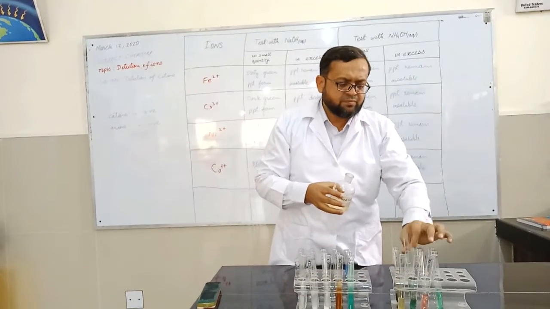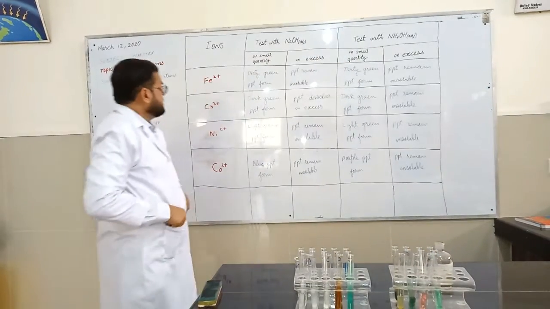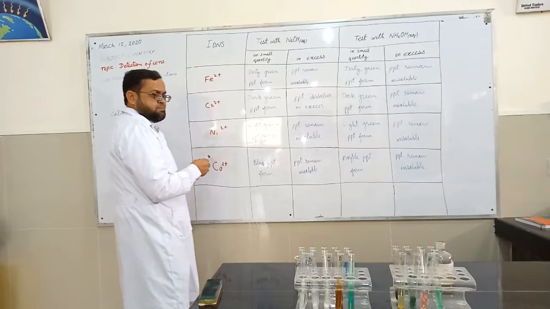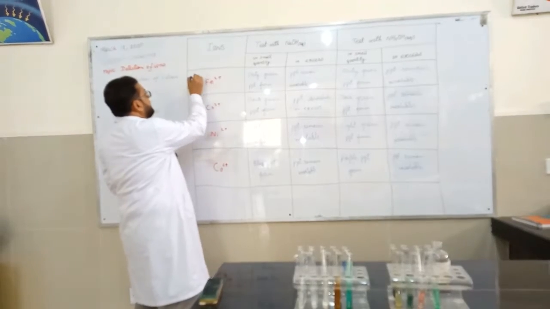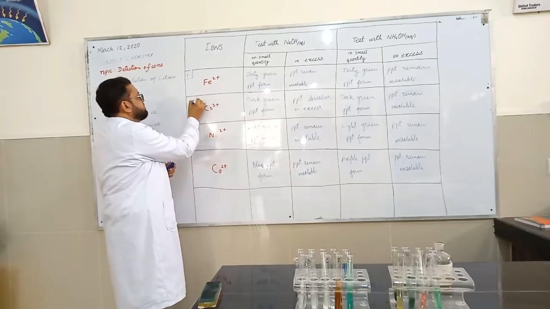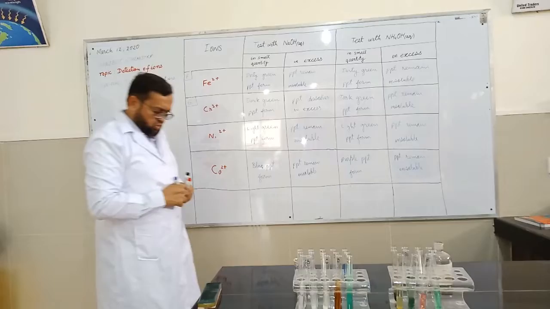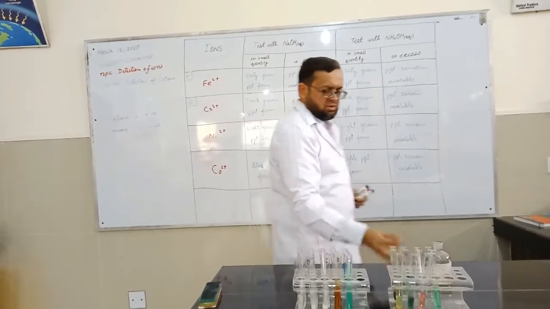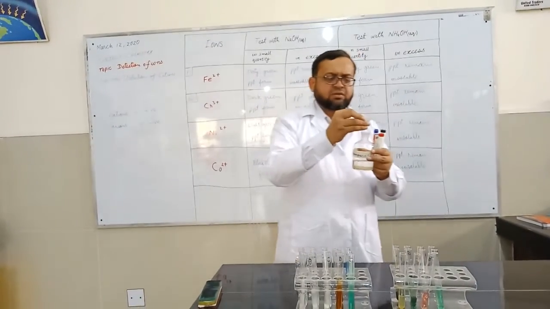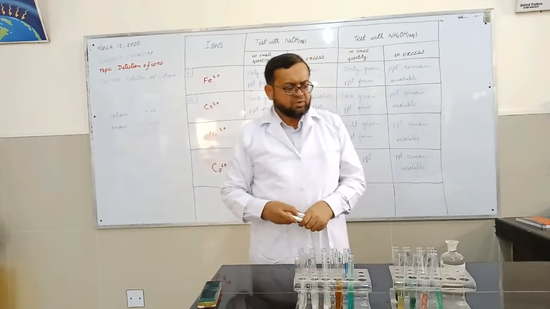It means it might be chromium. So sample F was iron 2 plus and sample G contained chromium 3 ion. And it is by mistake that I have kept it open.